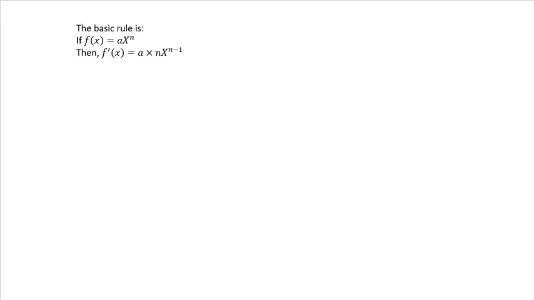Let's do a quick reminder on how to calculate the derivative of a function, which tells us the rate of change, or the slope, of the function at any point. If we have f(x) equals a x to the power of n, for any number n, then the derivative of f(x) is simply a times n times x to the power of n minus 1.